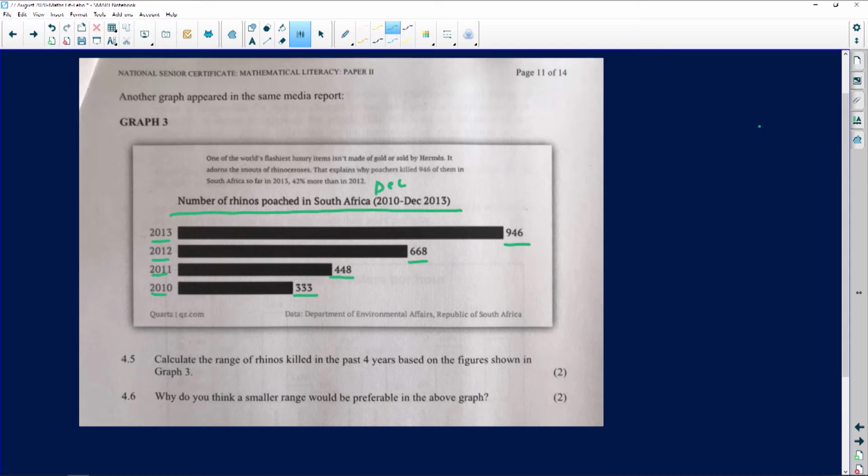So 4.5 says to us, calculate the range of rhinos killed in the past 4 years. This then brings us back to you knowing your lingo. You need to know your language when it comes to maths literacy. Range is a data handling term, okay? So whenever we are asked for the range, range is maximum number minus minimum number.